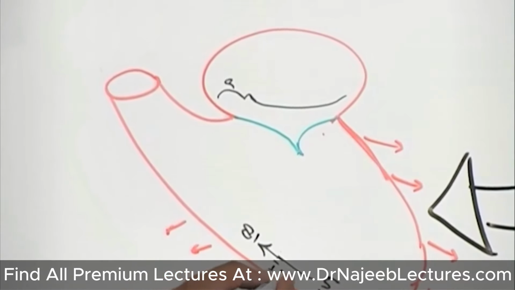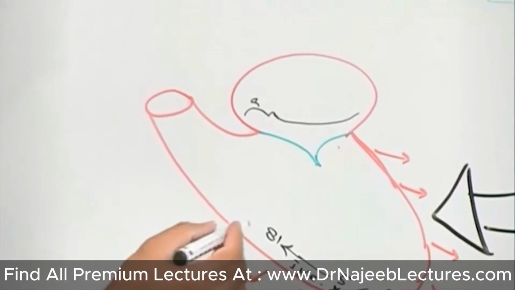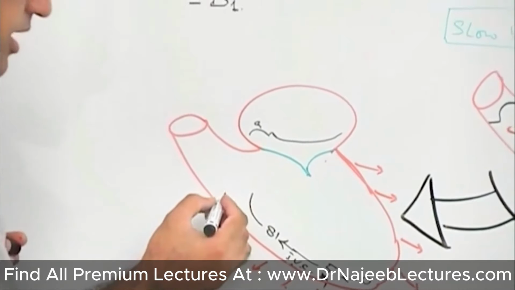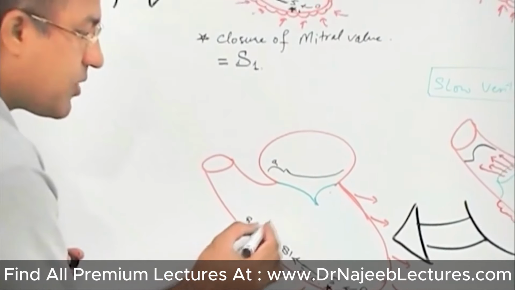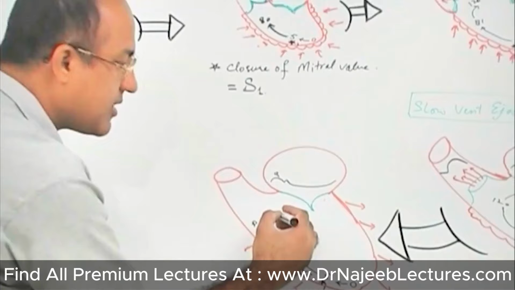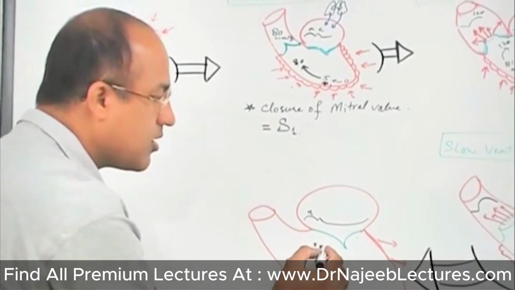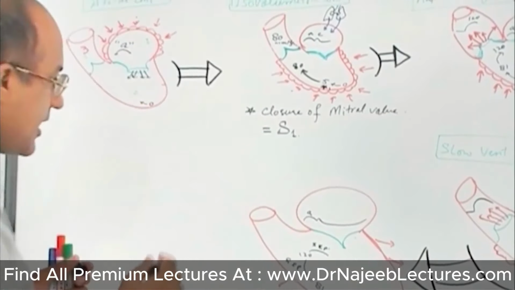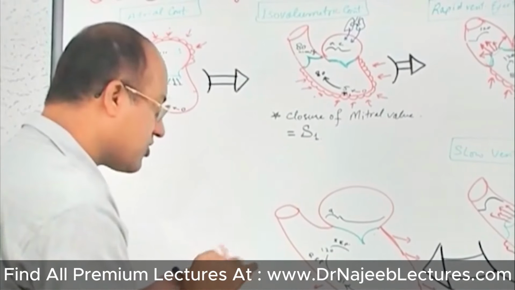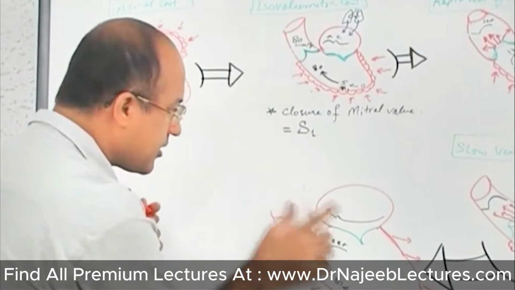That isovolumetric contraction. Then what was this phase? Rapid ejection phase up to 120, and then there was slow ejection phase.